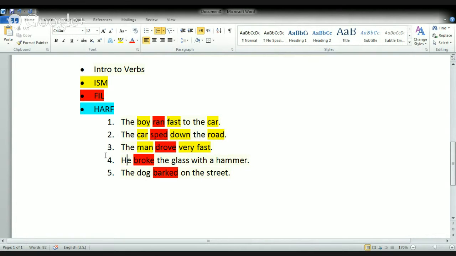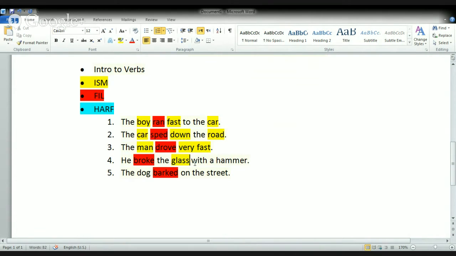Right here, glass with hammer. With I will leave out, but hammer also. Yeah. And here, dog and street. Okay. Good.